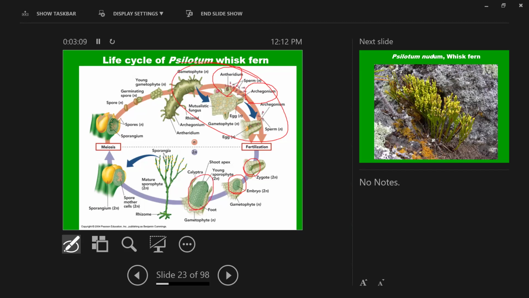The sporophyte starts to grow, and pretty quickly it separates from the gametophyte. They don't stay attached to each other. The job of the sporophyte is to make spores, so you're looking for sporangium tissue that will hold the spores. A lot of the same terminology that we already saw with the bryophytes is still showing up here.